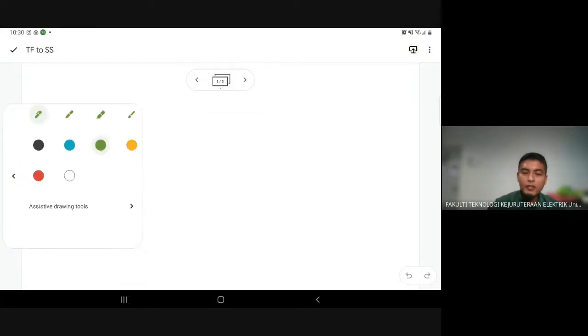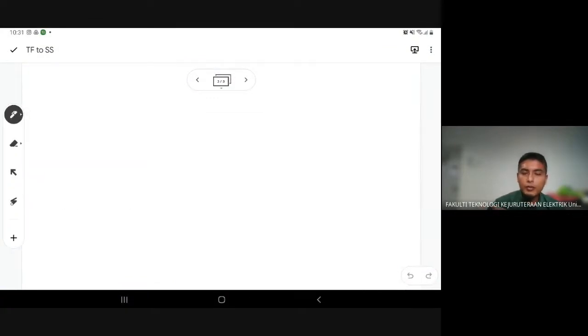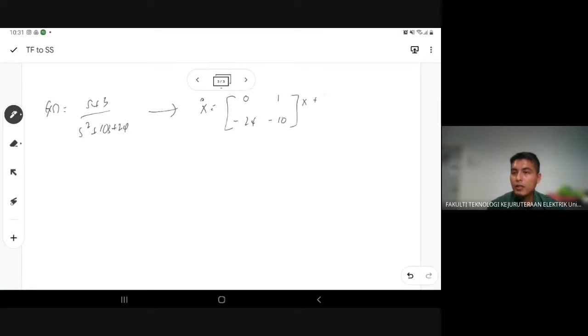Based on this, the question is G(s) equals (s plus 3) over (s squared plus 10s plus 24). Based on the longest way, the answer is x dot equals [0, 1; negative 24, negative 10] x plus [0, 1] r, and y equals [3, 1] x.